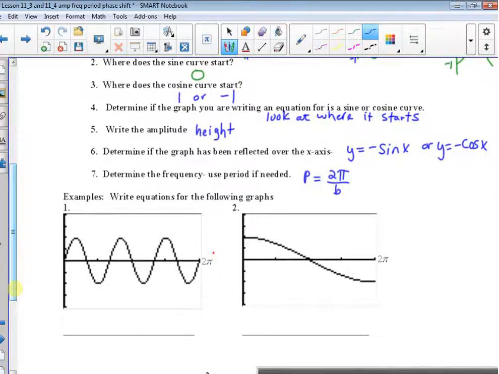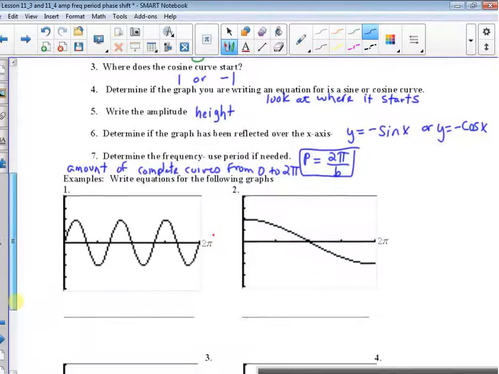Remember, the frequency is the amount of complete curves from 0 to 2 pi.